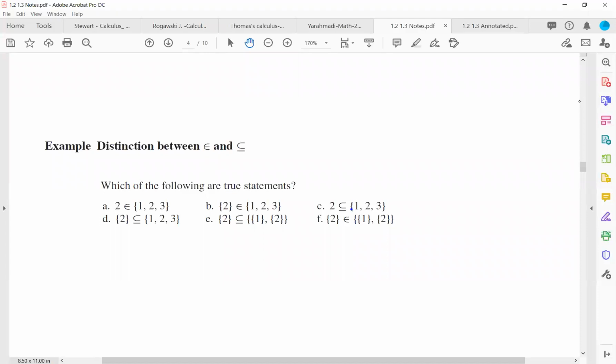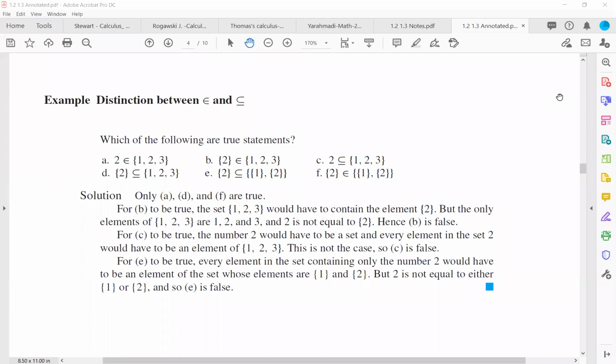D says set including 2 is a subset of set including 1, 2, 3. And E says set including 2 is a subset of set including set of 1, set of 2. And finally, F says set including 2 belongs to the set including set of 1, set of 2. Please pause the video, try to solve this example.